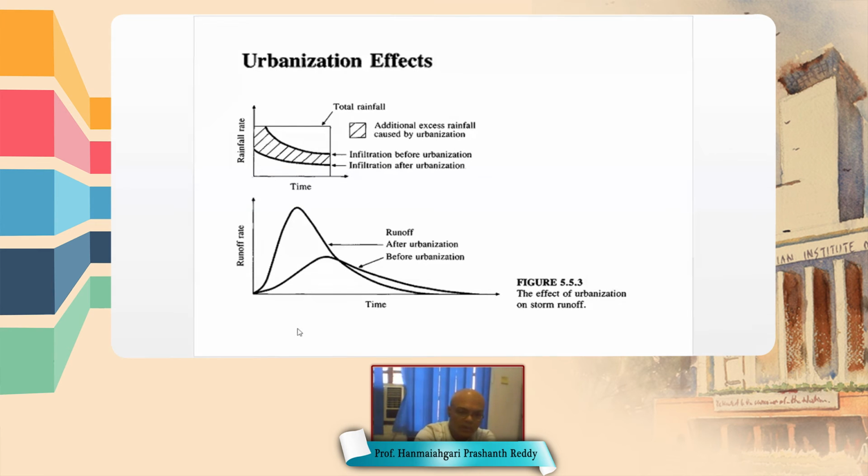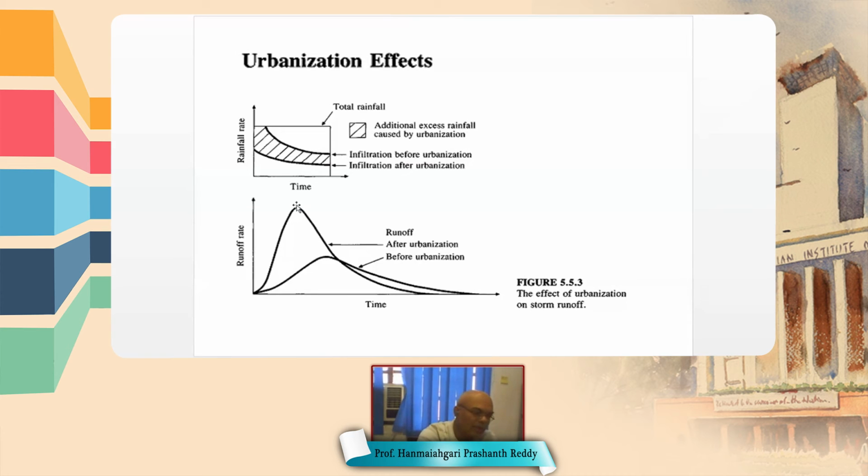Have you got it? See in this figure, the top figure, these are potential infiltration curves. The top curve is the infiltration before urbanization, but after urbanization the infiltration has come down. That is the bottom curve.